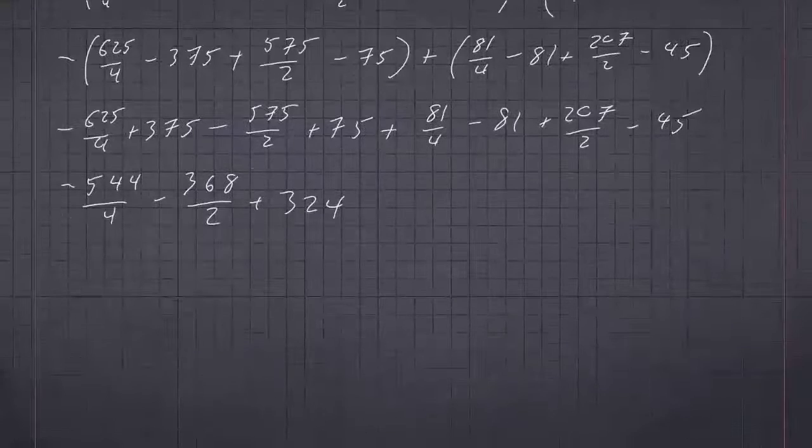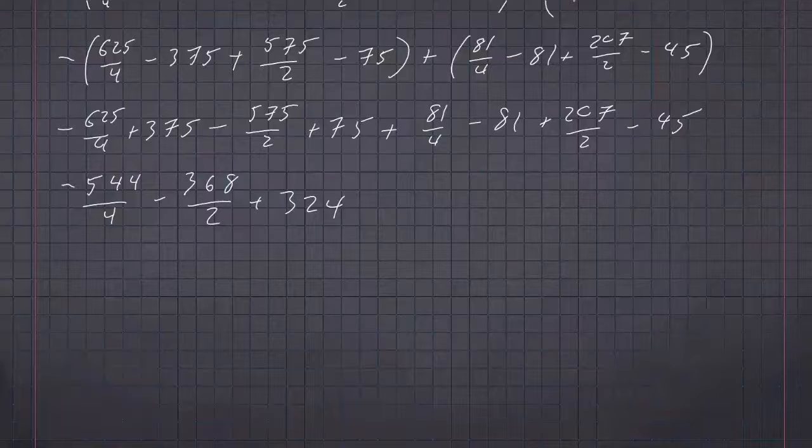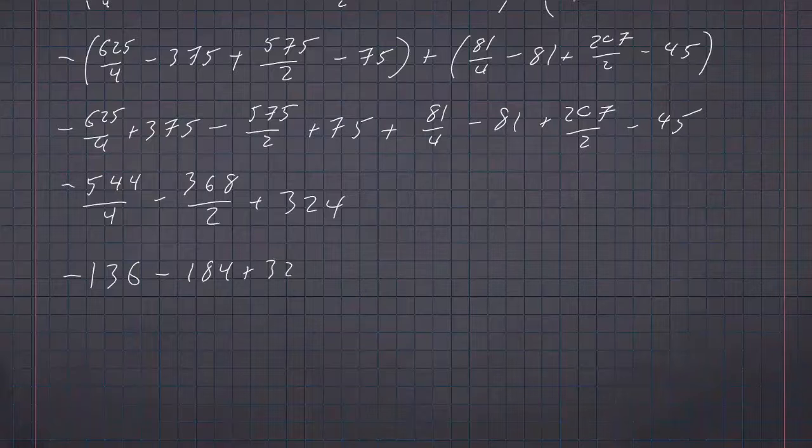Let's see. 544 divided by 4 is going to be 136. 368 divided by 2 is going to be 184. Minus 136 and minus 184 is minus 320.